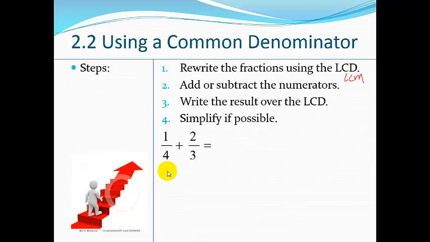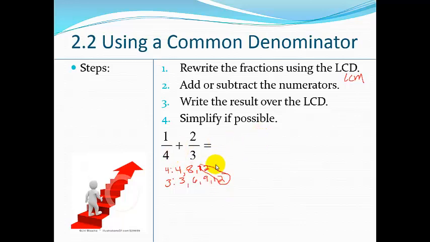You could always list them out though, if you need to. Hopefully for some of these you can just see it, but we always need to have a backup plan. So 3, 6, 9, 12, and then we have 4, 8, 12. So you can see that our common denominator is going to be 12.